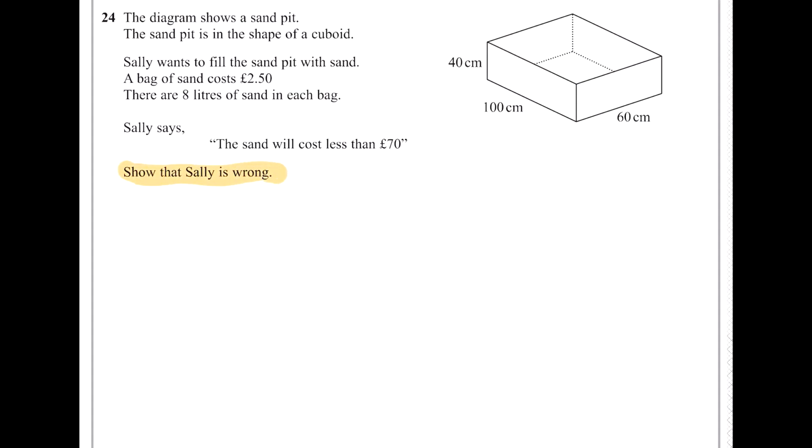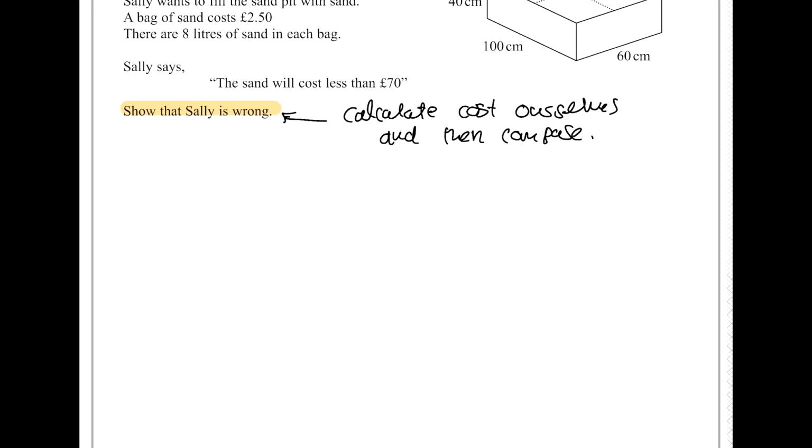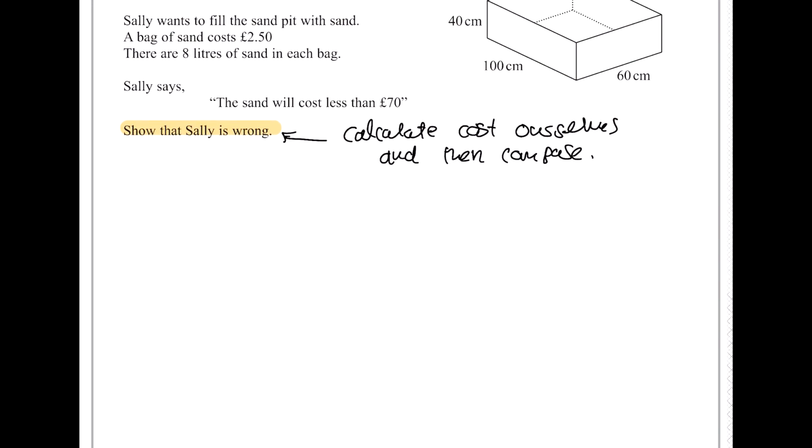So when they ask you to do this, we can calculate the cost ourselves, and then compare. So if she wants to fill this whole cuboid up, we need to firstly figure out what the volume of the cuboid is.